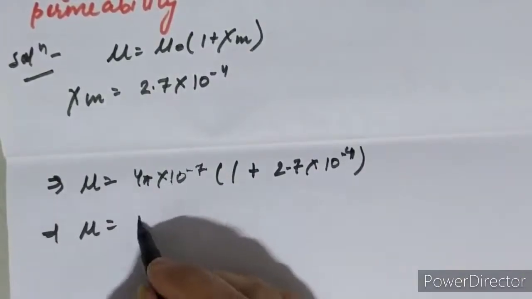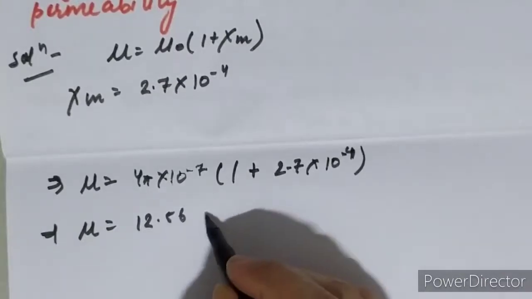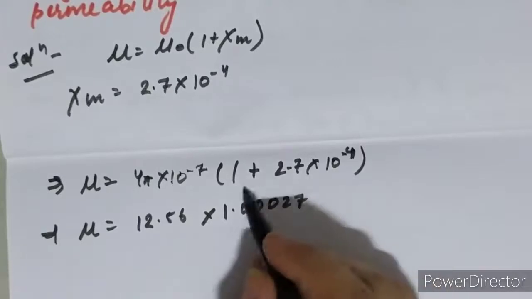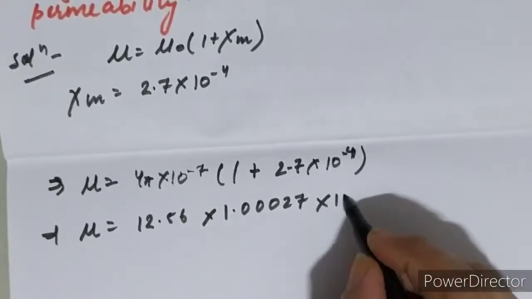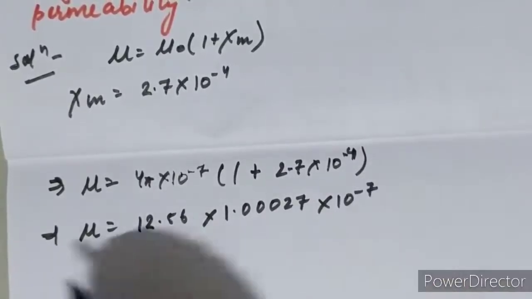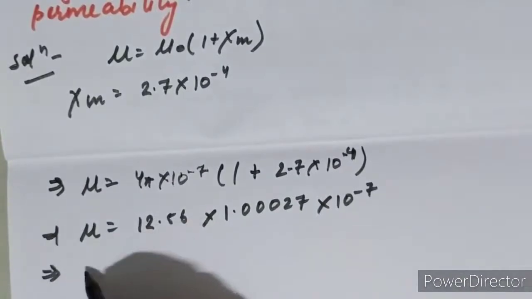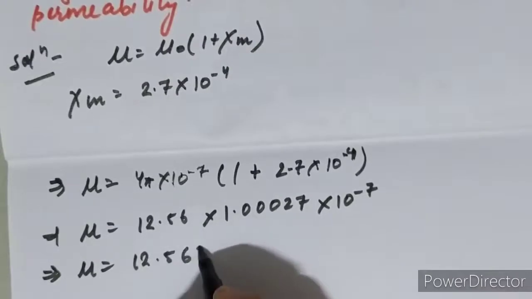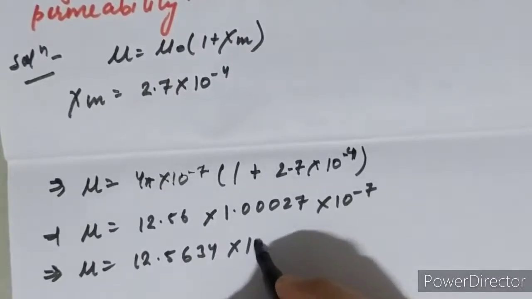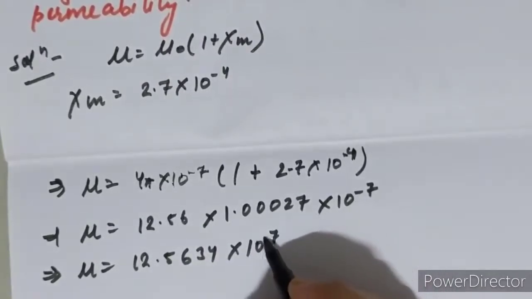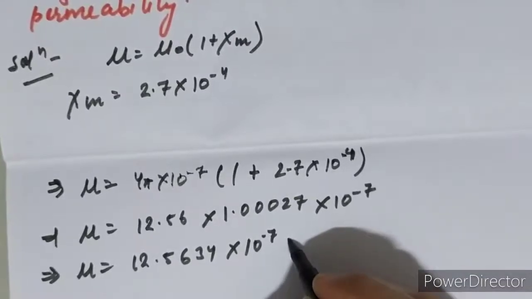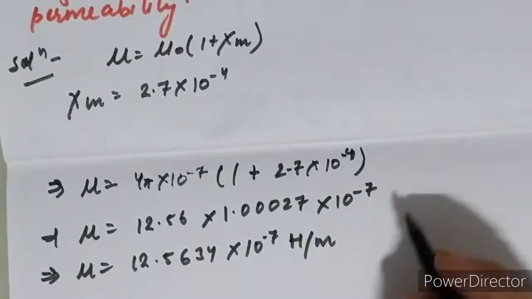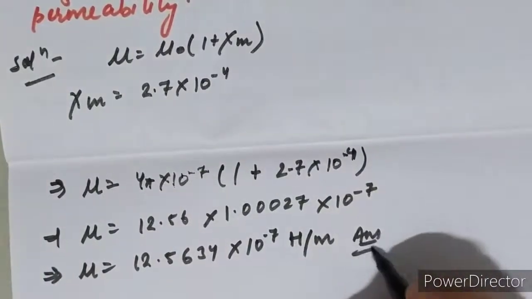Resolving this, mu equals 12.56 into 1.00027 into 10 to the power minus 7. Then mu equals 12.5634 into 10 to the power minus 7 Henry per meter. This is the value of the magnetic permeability, the first thing.